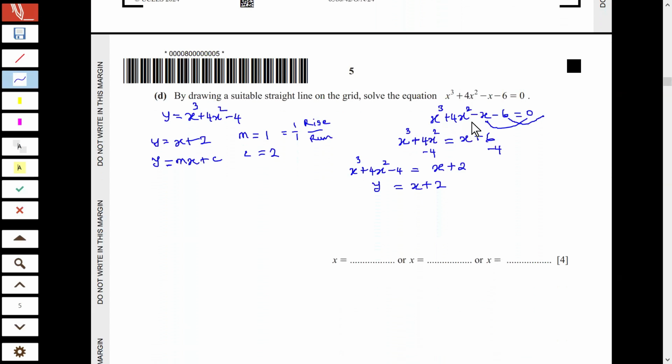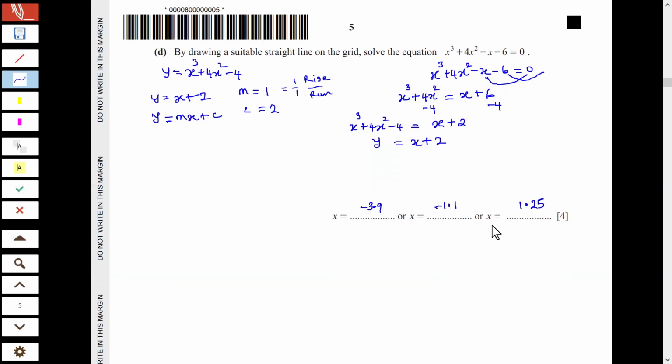So the values of x will be negative 3.9, negative 1.2, 1.1, and then 1.25. These are the answers.